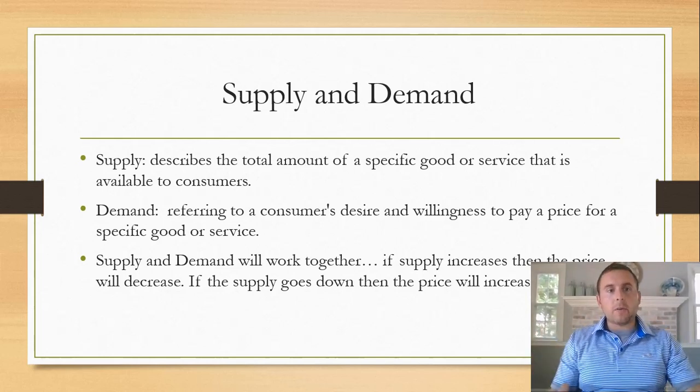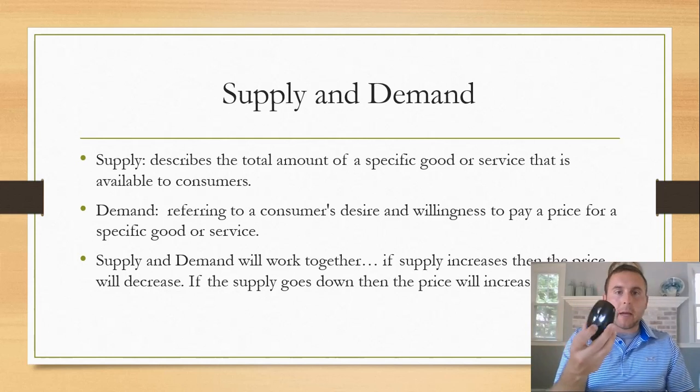All right, so supply and demand, as we have talked about. I know you've heard it numerous times. What is supply? Supply describes the total amount of a specific good or service that is available to consumers. It's just like I always go back to, like a mouse.